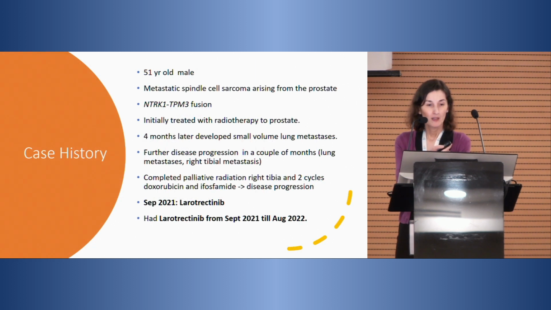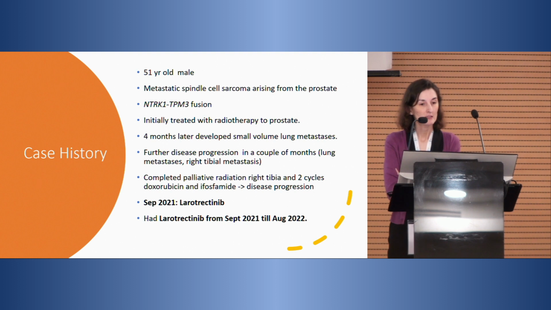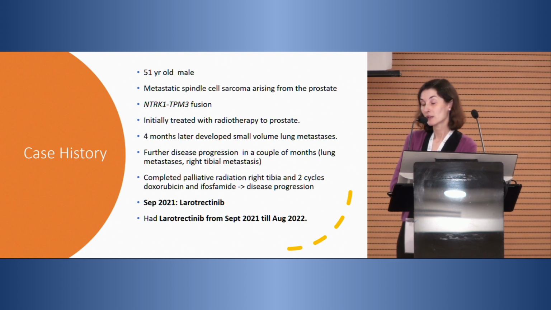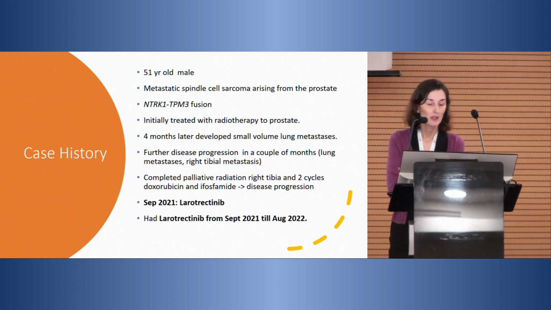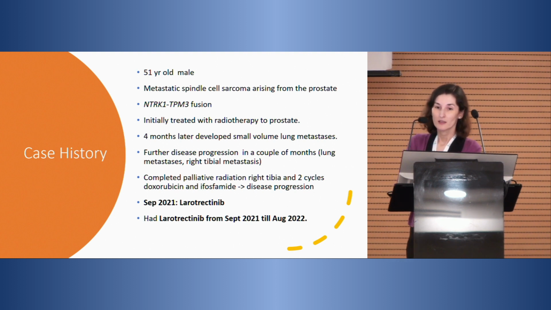I'd like to give you an example, a case study from our institution at the Royal Marsden, a 51-year-old gentleman who had metastatic spindle cell sarcoma arising from the prostate. He had a TRK fusion.